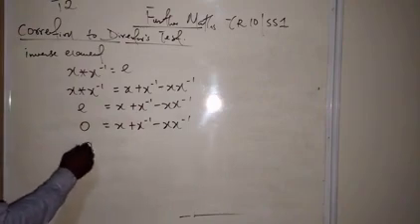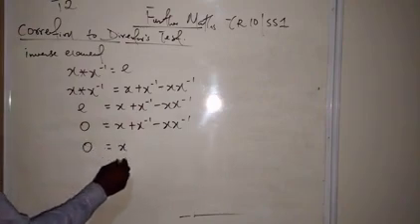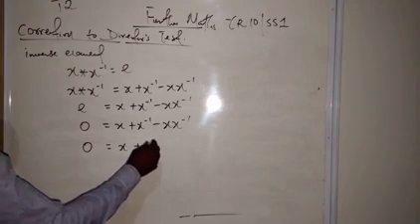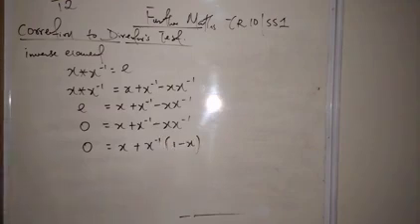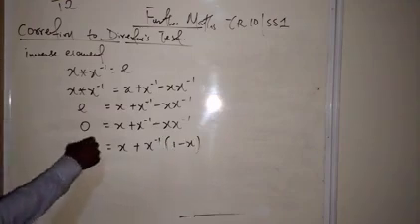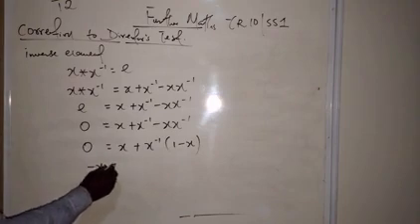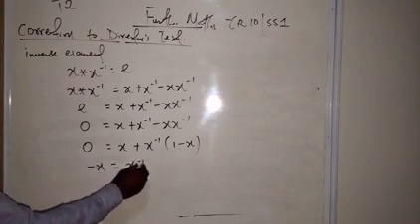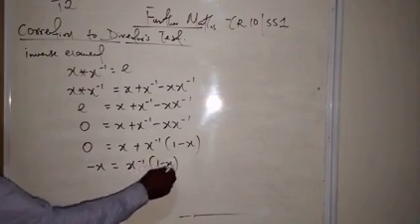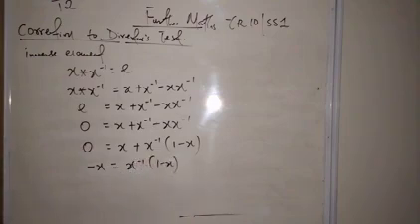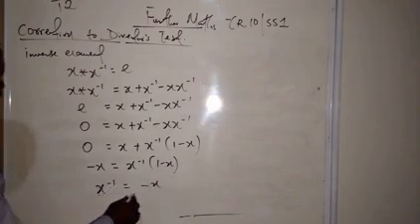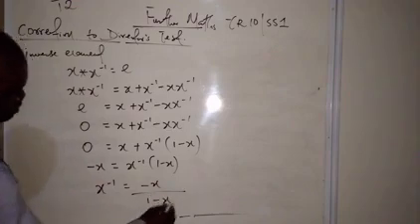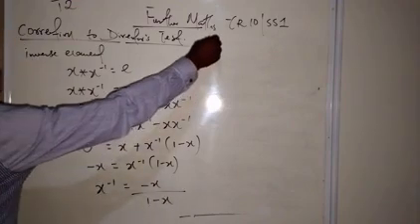So we see that 0 will be x plus x inverse into 1 minus x. So by rearranging, this place will be minus x, will be x inverse into 1 minus x, such that x inverse will be minus x over 1 minus x.